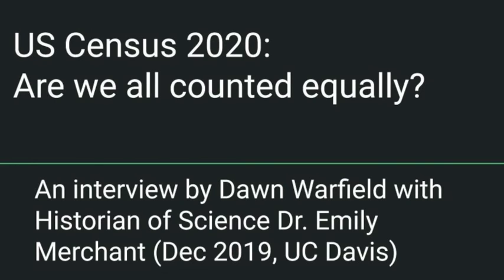Can representation numbers be skewed by there being a large number of incarcerated people who were displaced from their home region? They might have been arrested in one place or been living in one place and then end up in detention somewhere else. So are they then counted in the place, the dwelling?